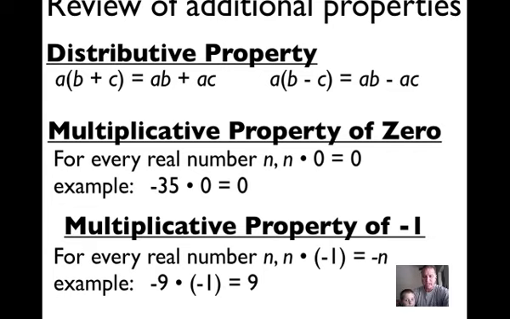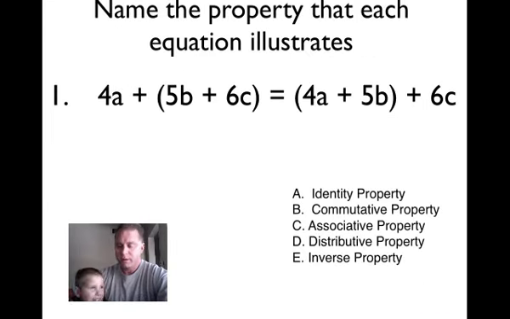So for example, negative 9 times negative 1 equals 9. So basically when you multiply by negative 1, you get the opposite of that number. But then why did that say just 9? Well, because the opposite of negative 9 is positive 9.